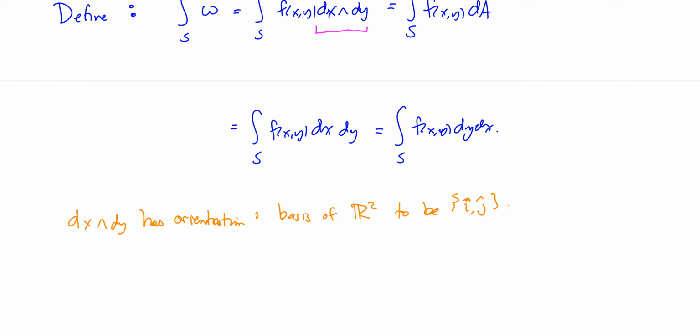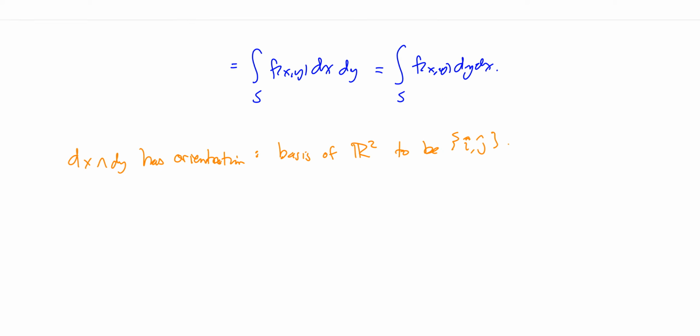So if we think of this in terms of our normal vector, so if we think of S as actually inside of R3, so it happens to be just a flat surface inside of R3, then our normal vector is k hat, which is what we're used to.